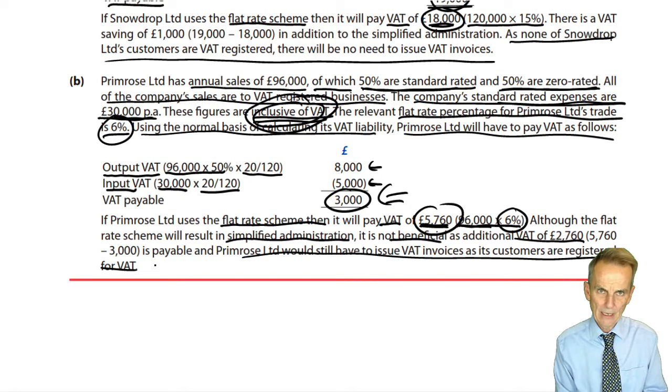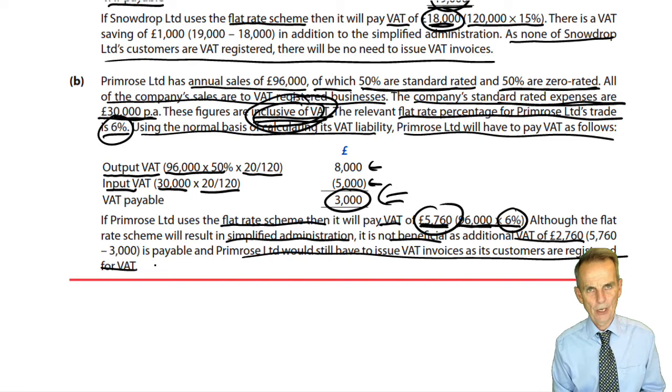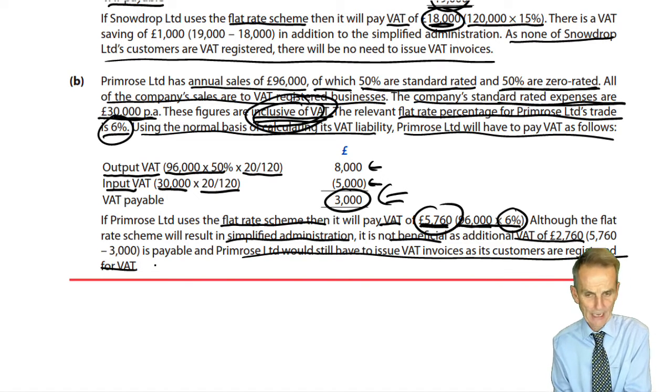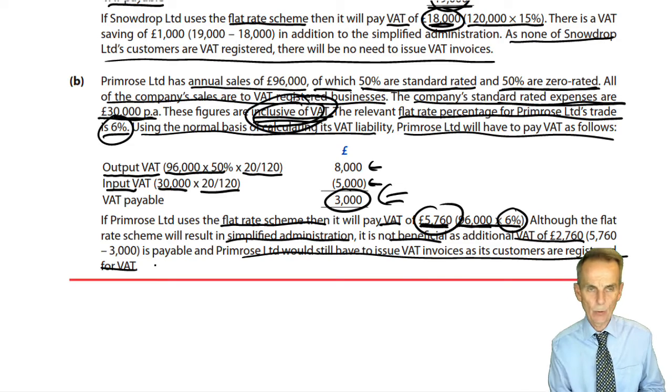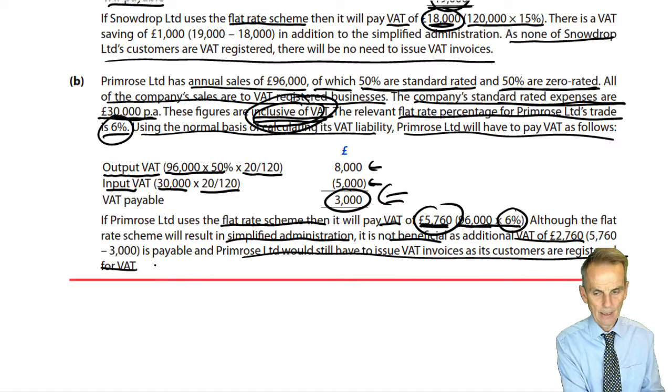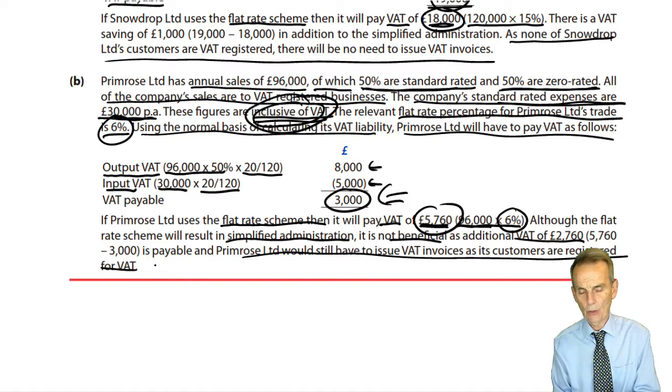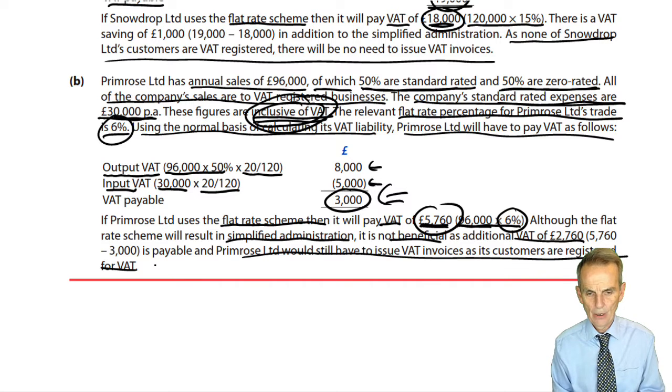Okay, so the flat rate scheme, always one where the calculations are more interesting, where you're going to have to compare what amount of VAT has to be paid over if you adopt the flat rate scheme as compared to if you just adopt your normal scheme in terms of dealing with the output VAT and the input VAT recorded for the VAT return period.